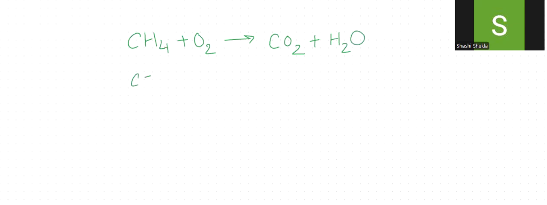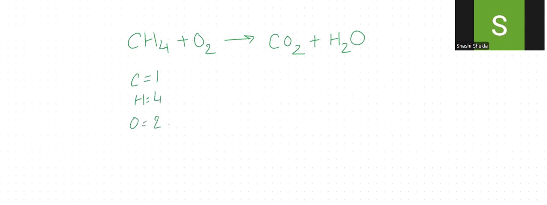Let's do this. CH4 plus O2 gives me CO2 plus H2O. So let's make the table. C 1, H 4, O 2 on the LHS.